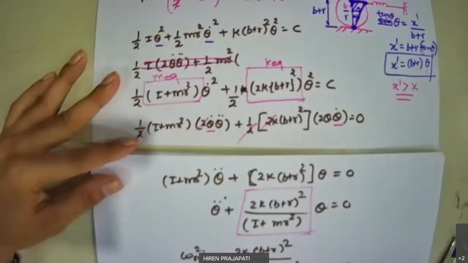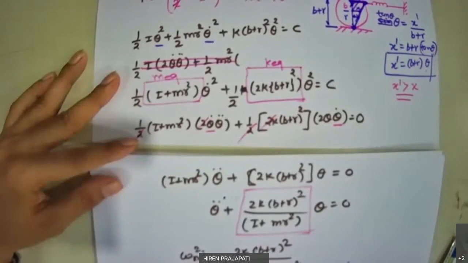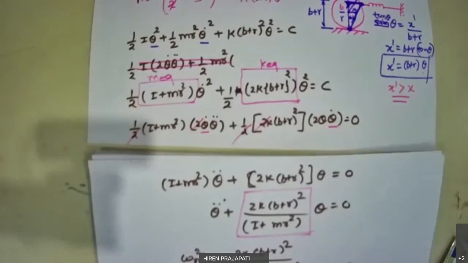So 2k (b plus r) square divided by, taking the LCM of 2, (m r square plus 2 m r square) divided by 2. Then 4k (b plus r) square divided by 3 m r square, right? And if this is omega n square, and if I consider omega n only, then I need to take the square root.